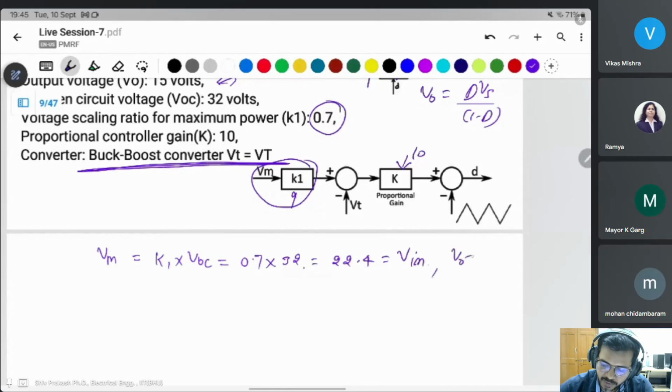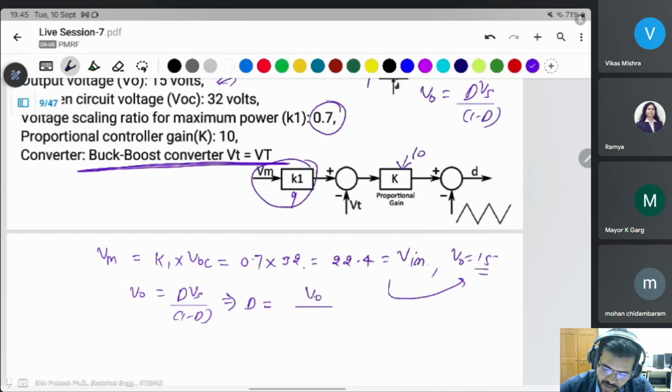Output voltage is given as 15 volt. Take these two and calculate the duty cycle from Vo equal to D Vs divided by 1 minus D. Then the value of D is equal to Vo divided by Vs plus Vo, 15 over 22.4 plus 15. 0.4 is the duty cycle.